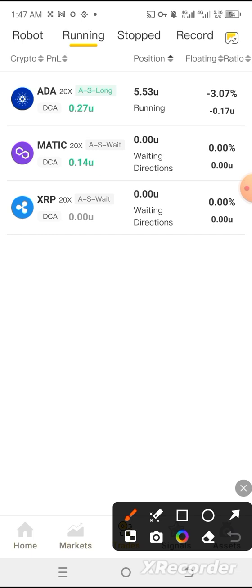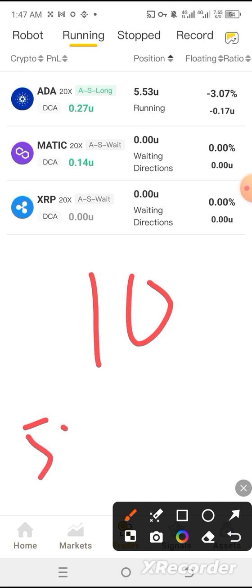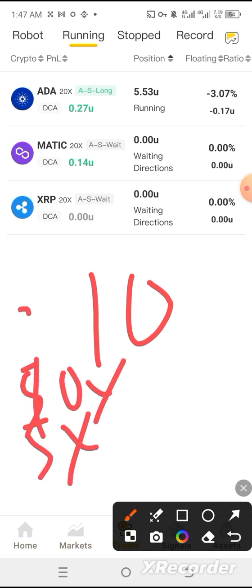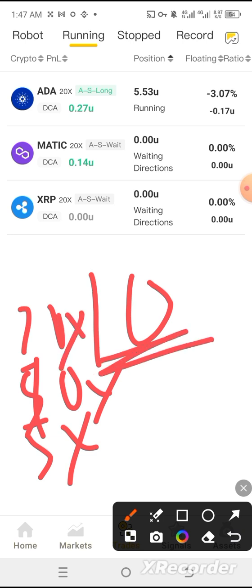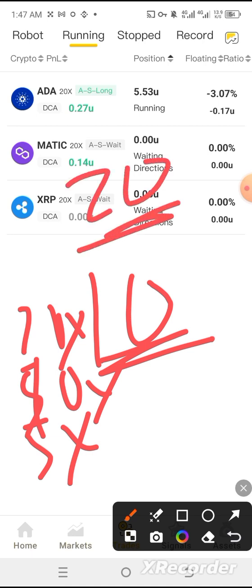That means if you want to allocate $10 to a trade, no matter the leverage, whether 5x, 10x, or 20x, make sure what the system is trading for you is $10 or max $20. So max of $20 means you are leveraging times 2, so the coin cannot go halfway.